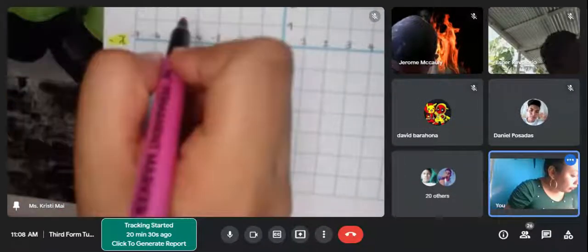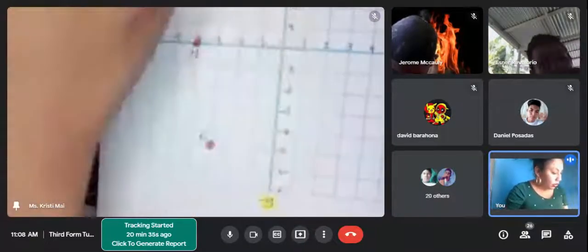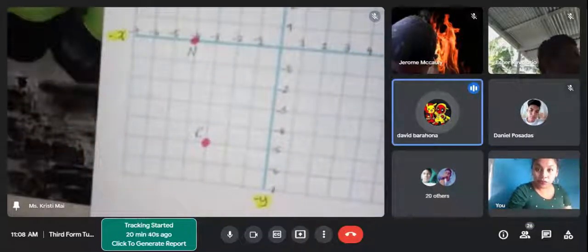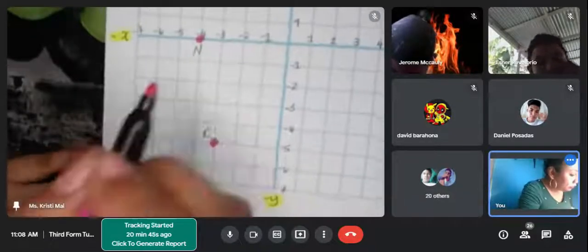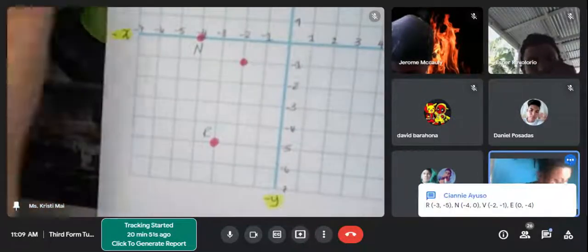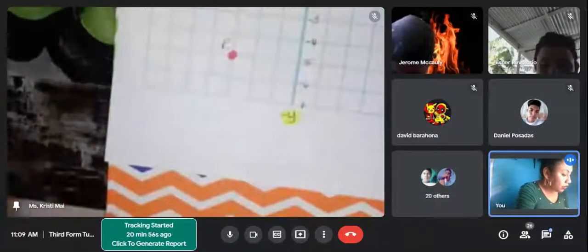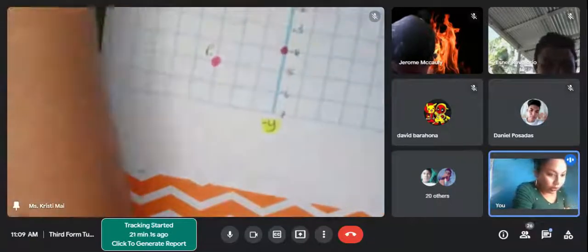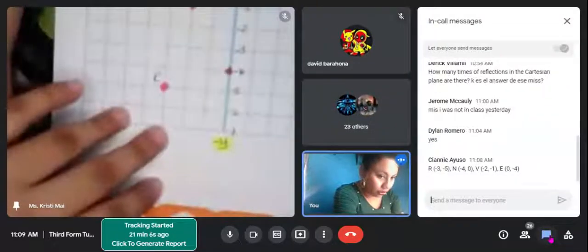Negative 4 and 0, and that is N. The other point? V is -2, -1. Negative 2, negative 1. The last one? Sienna put it in the chat: 0, negative 4. And that is letter E.